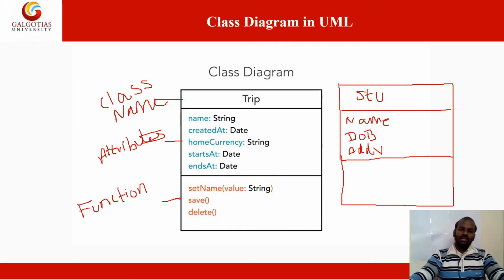And what operations, functions, or methods does a student have? A student can have the functions read, with open bracket and close bracket, which is the symbol we should mention, then write, and then one more, play.